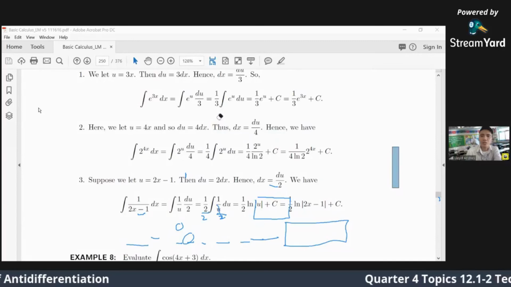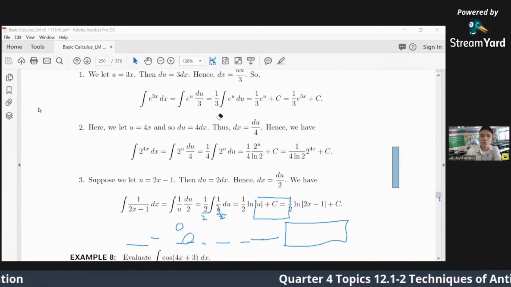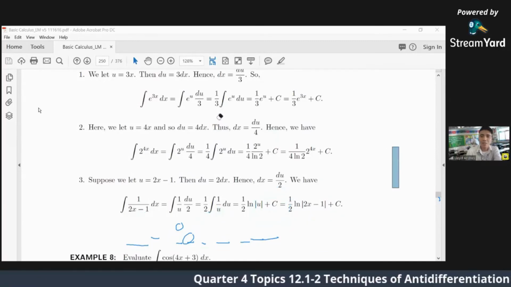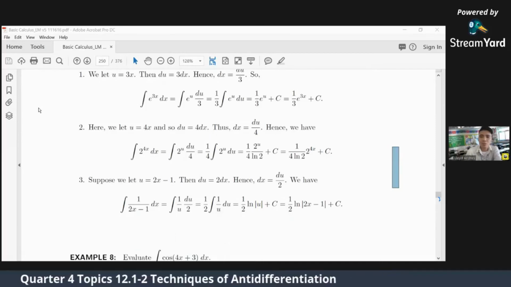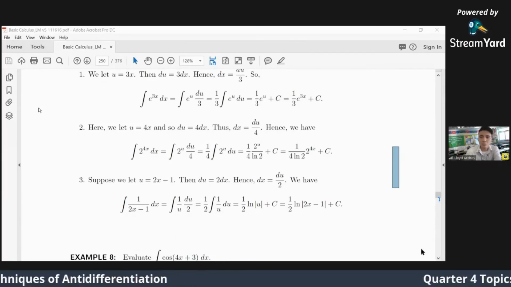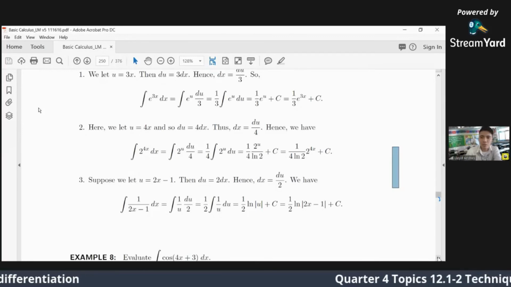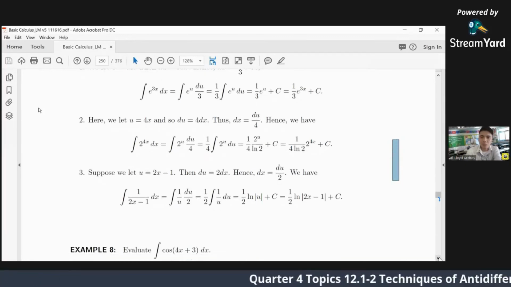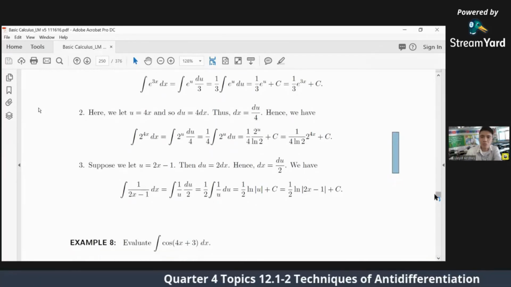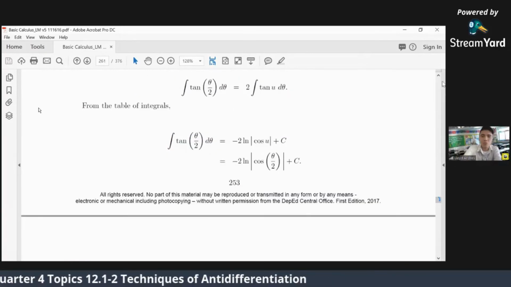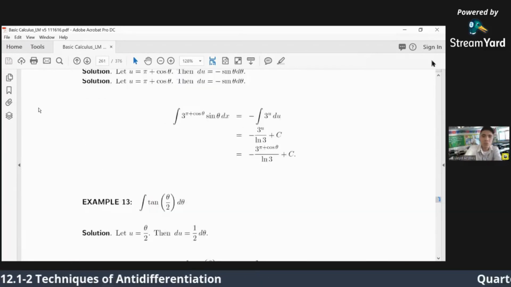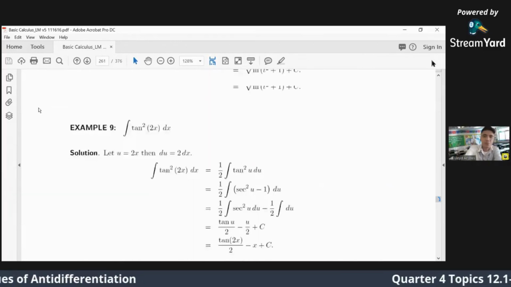So, di ko dapat magsige og sulat. Sige. So, let's proceed to example 8. So, example 8 involves trigonometric. Wow.